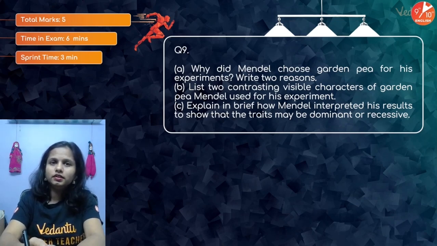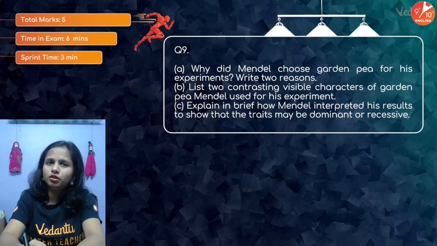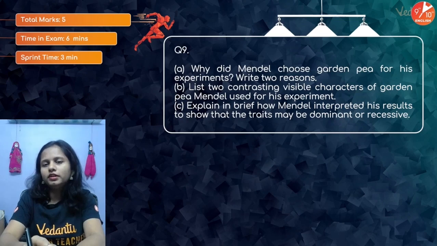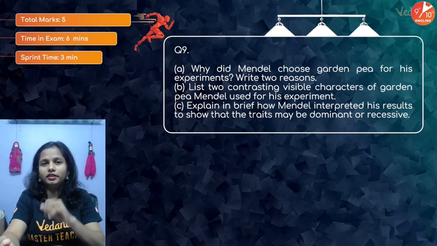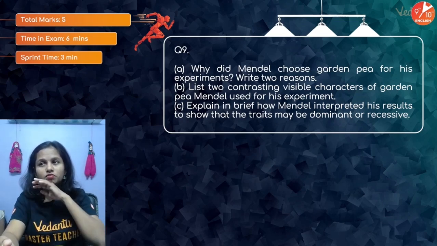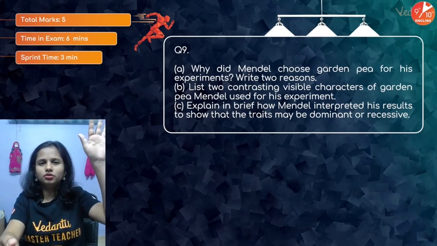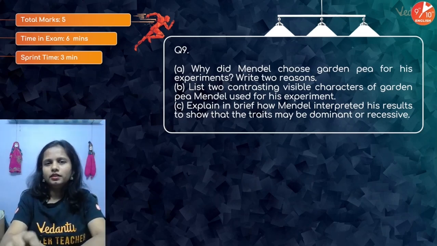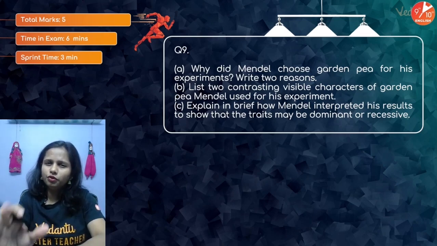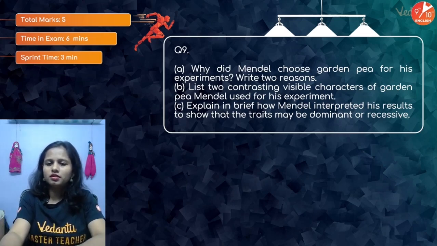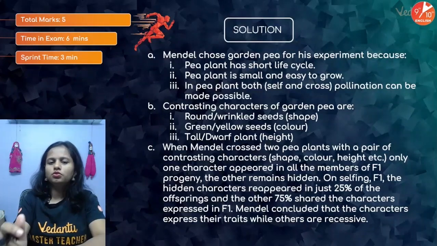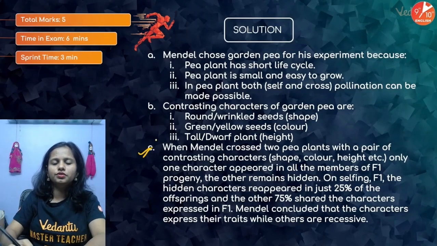Then the other trait resurfaced in the F2 generation, but only in the proportion of 25%. Therefore he concluded that the trait which is predominantly seen in most of the organisms is the dominant one, and the trait which is limited to only a few plants or few organisms is the recessive one. Okay, so the detailed explanation is given over here.